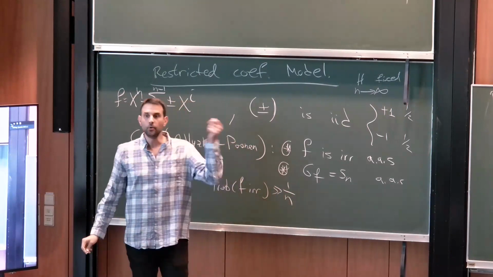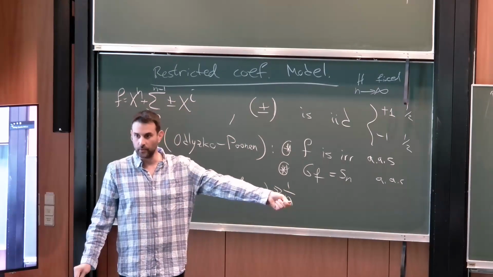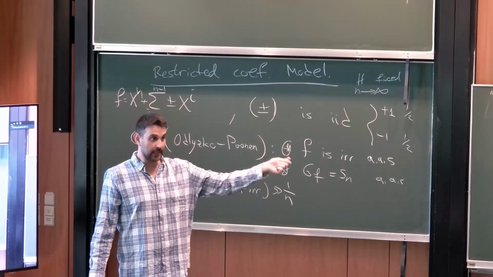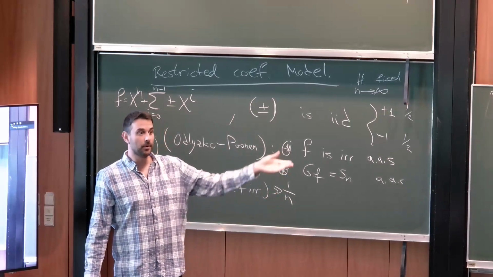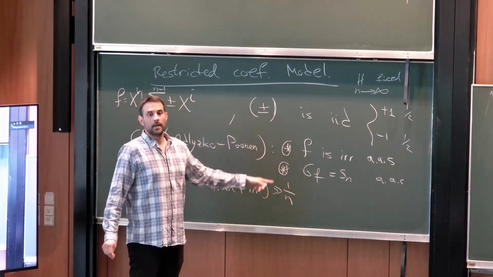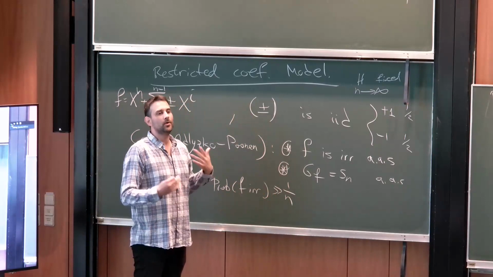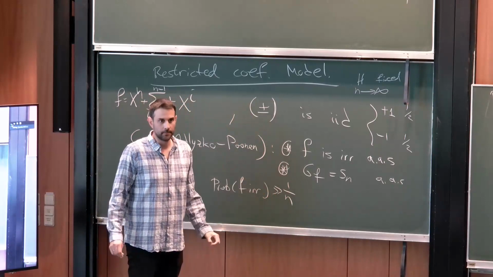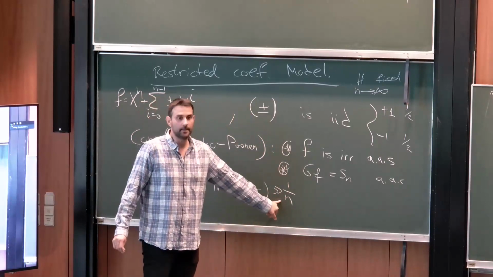You plug the number 2 into the polynomial, you get a random integer, and it's prime with probability 1 over n, because n is the log of 2 to the n. And if it's prime, then the polynomial is irreducible. So 1 over n is easy by the prime number theorem.